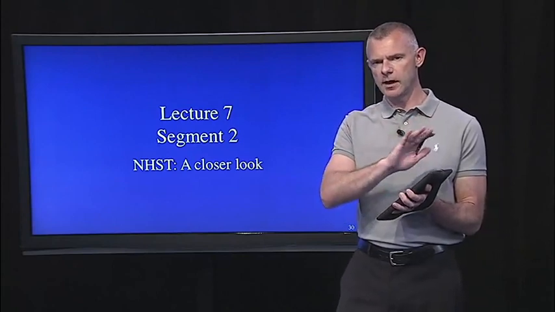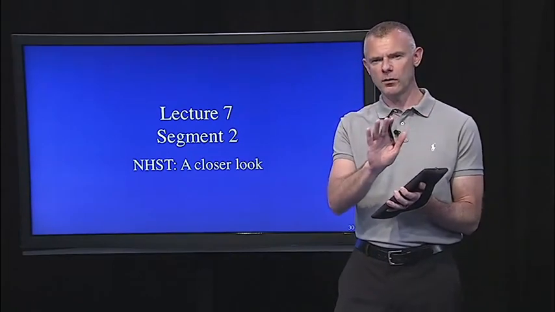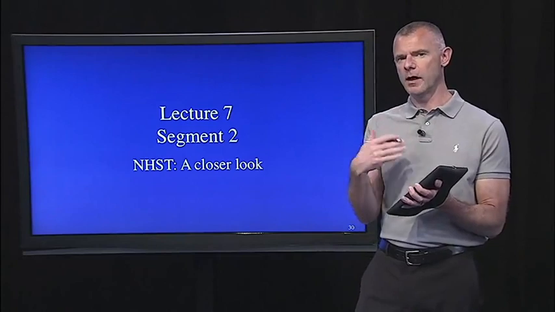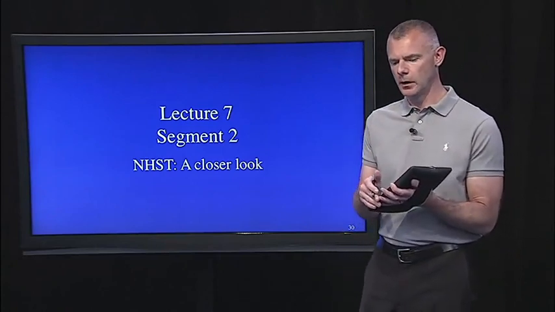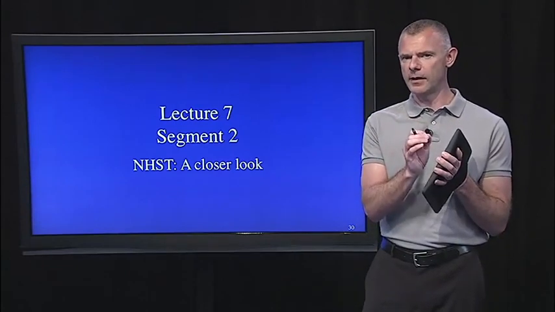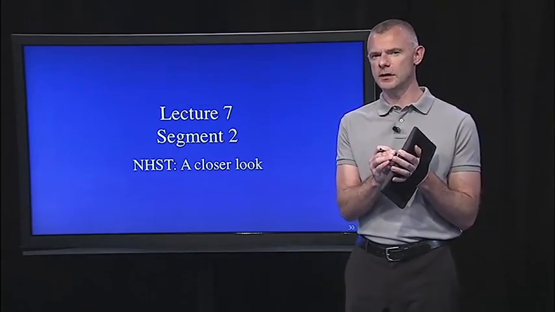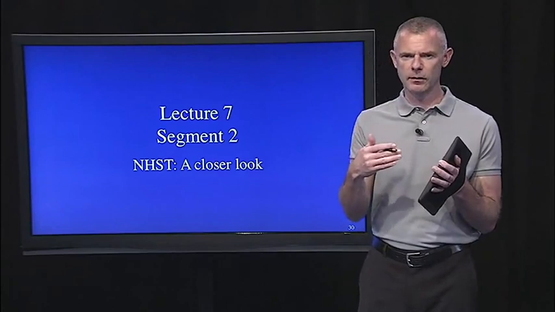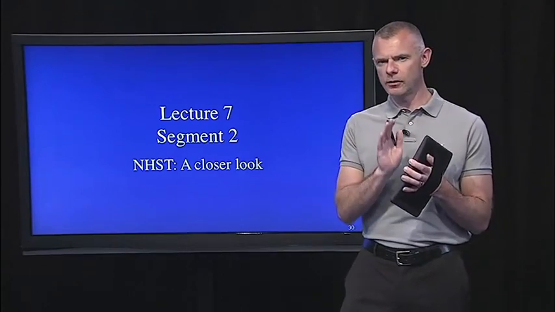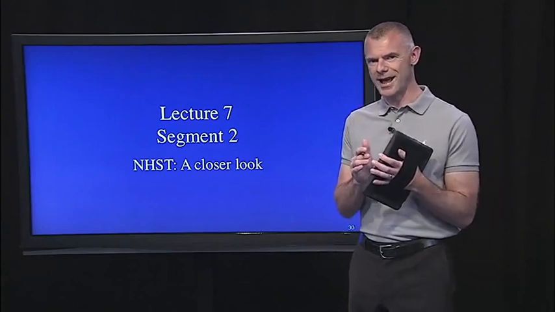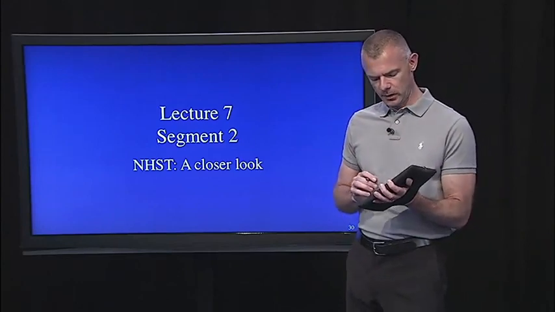I introduced NHST in bare bones fashion when we talked about correlation and the assessment of reliability in correlation. But now I'd like to take a finer look at NHST and uncover some of the most common problems and criticisms that people have leveraged at NHST.